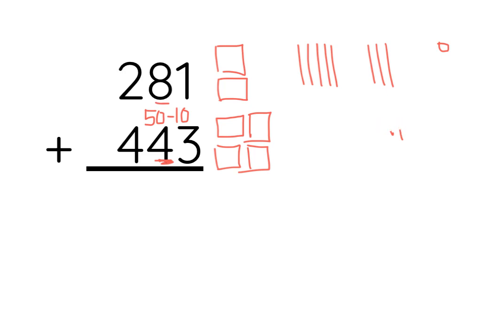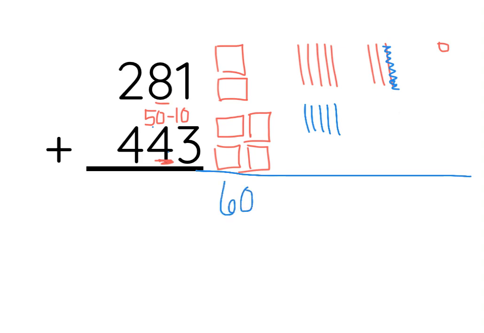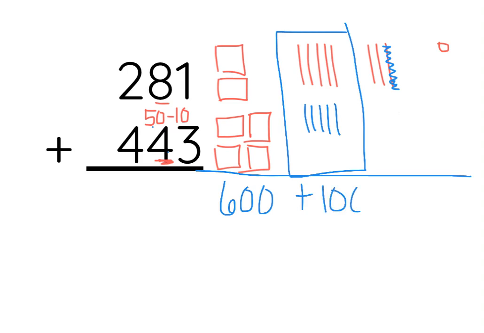So I could, instead of putting a 40 there, I could make a 50 and then get rid of a 10 from that top number, because a 50 minus that 10 is the same thing as a 40. So 600, by doing that, do you see that 100 I created? So 100 plus 20 plus 1. 600 plus 100 equals 721.